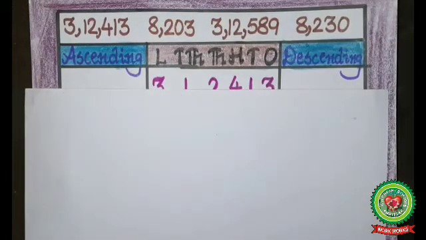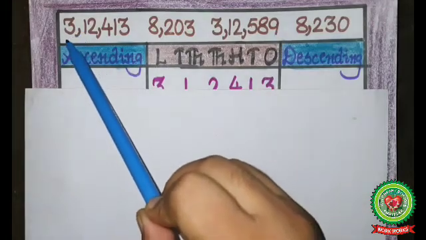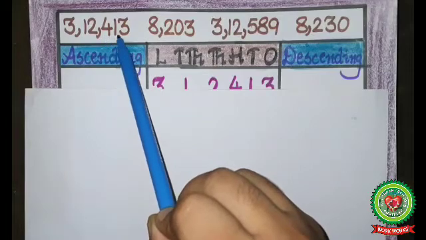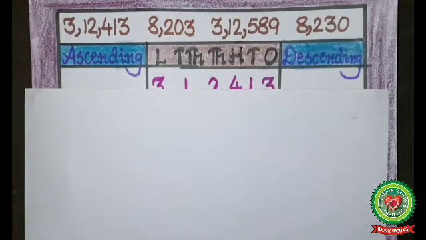Now, we will arrange the numbers. First number is 3,12,413.